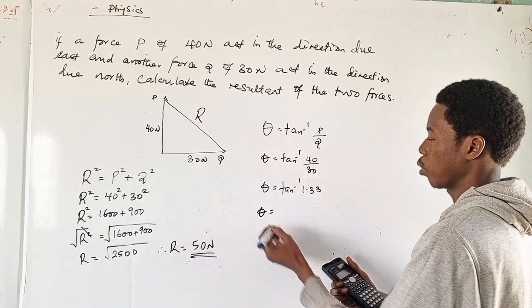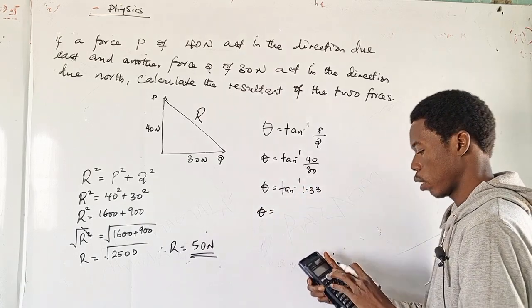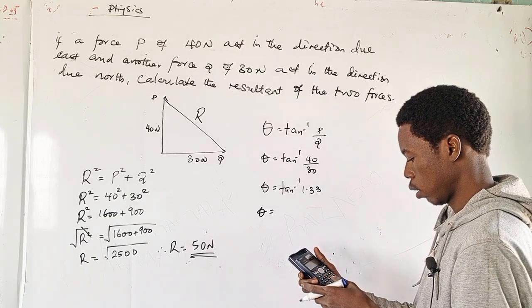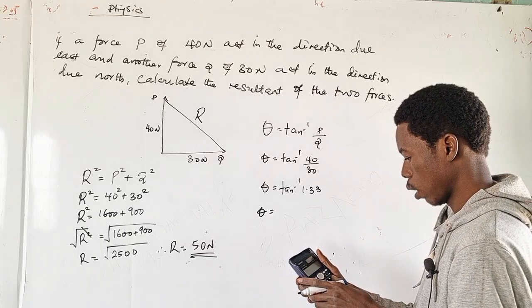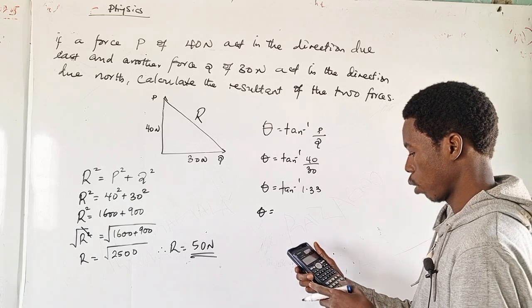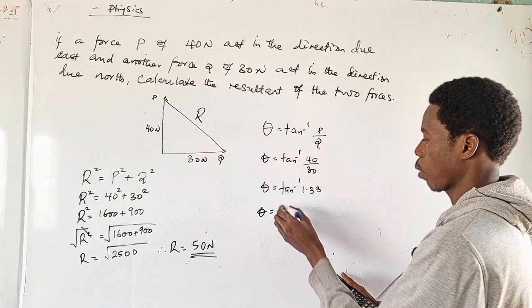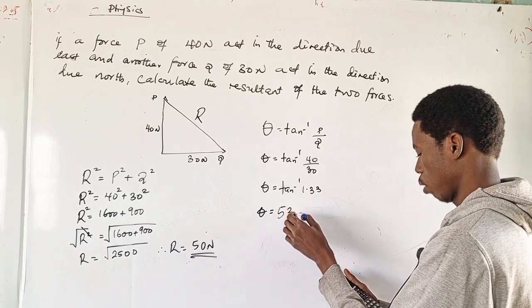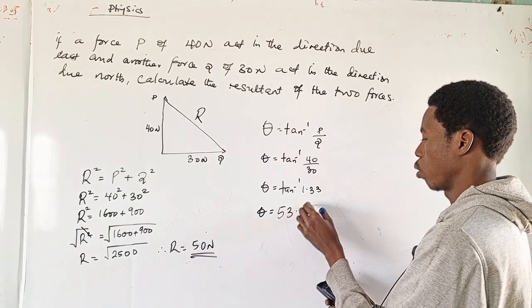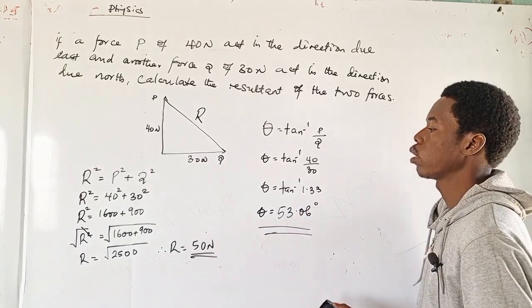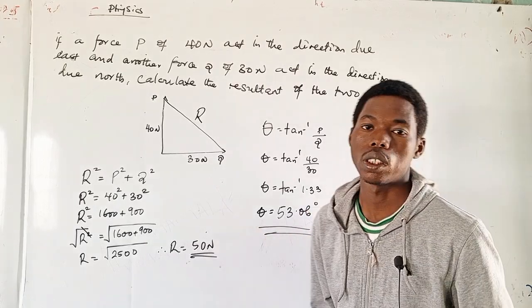So theta equals, press shift then tan, then 1.33, which will give us 53.06 degrees. So this is the direction of the resultant.